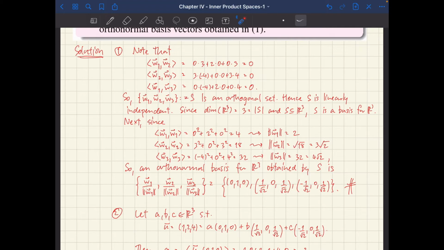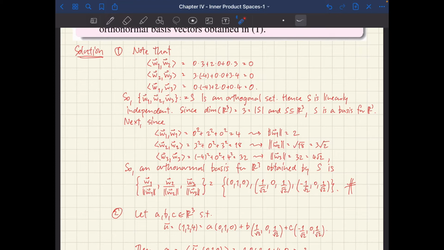So we find the norms of W1, W2, and W3. The norm of W1 is equal to 2, the norm of W2 is equal to 3 times square root 2, and the norm of W3 is equal to 4 times square root 2.